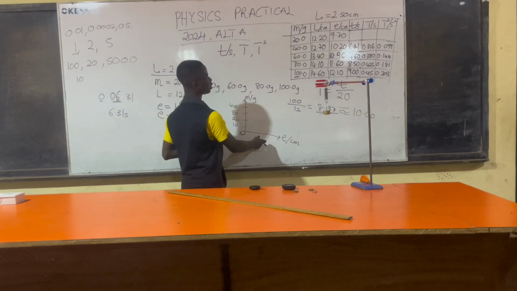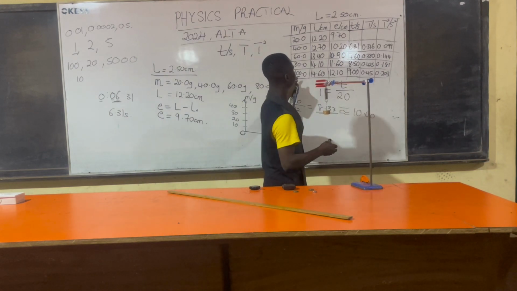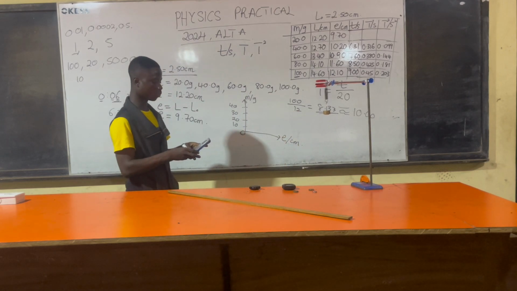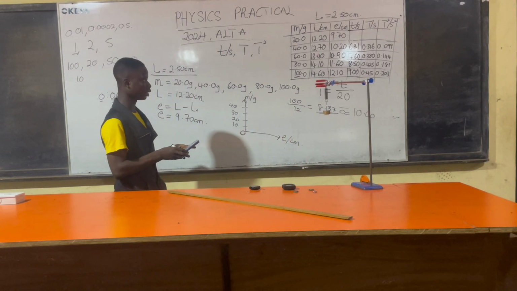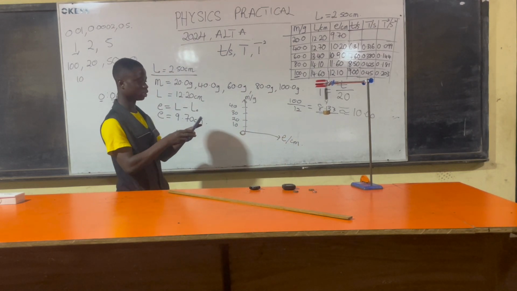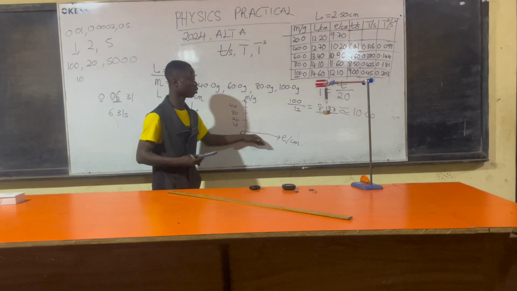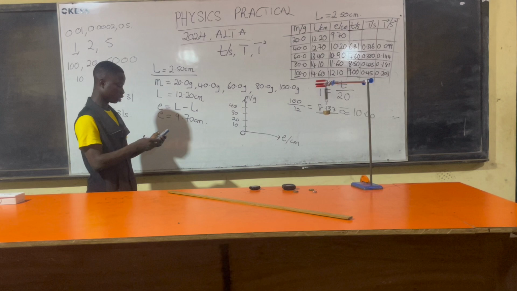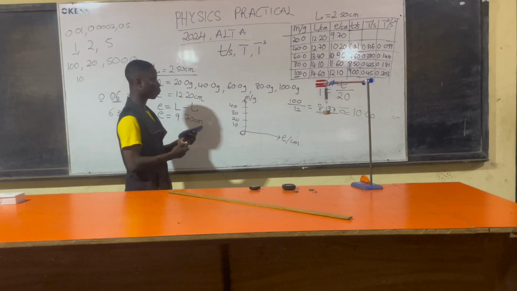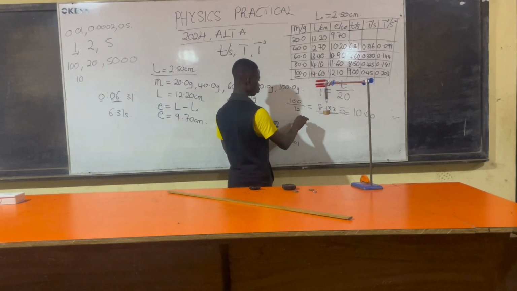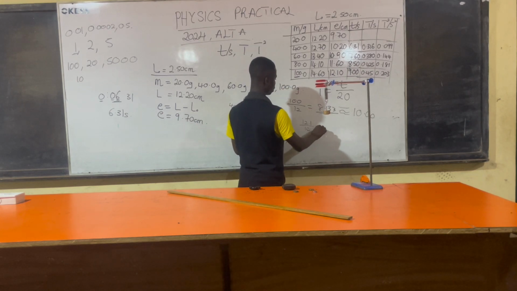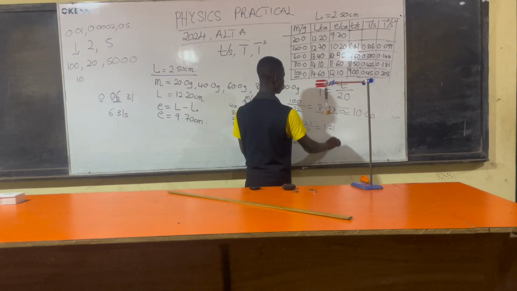For the extension, our biggest value is 12.10. So 12.10 divided by the number of boxes on the horizontal axis, which is 10, then we have 1.21.